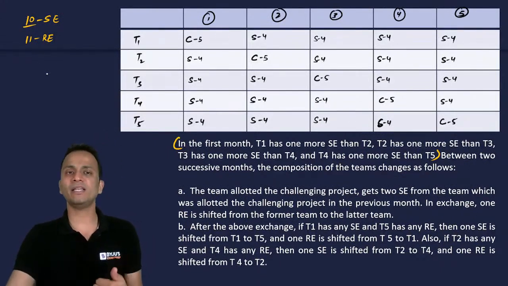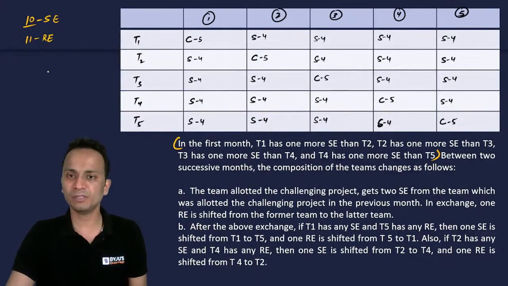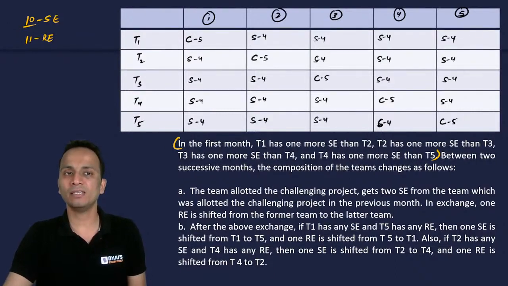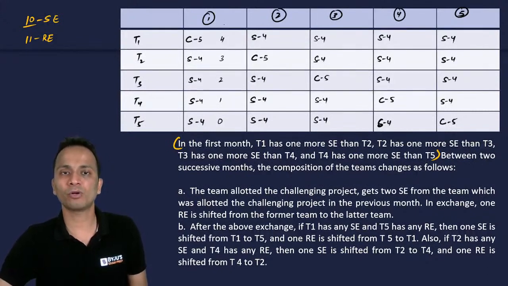How these 10 will be divided in 5 teams where T4 has one more than T5, T3 has one more than T4, T2 has one more than T3, T1 has one more than T2. So it can only be possible in this way: 0, 1, 2, 3, and 4. So this is the number of SE employees. Okay, SE.